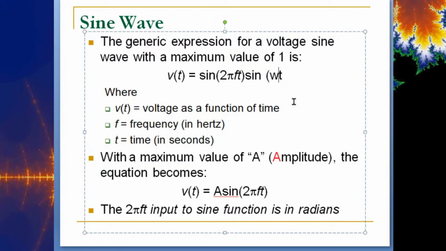You may recognize that from your physics classes, when you're talking about angular momentum and things like that. But that omega is always 2 pi f.